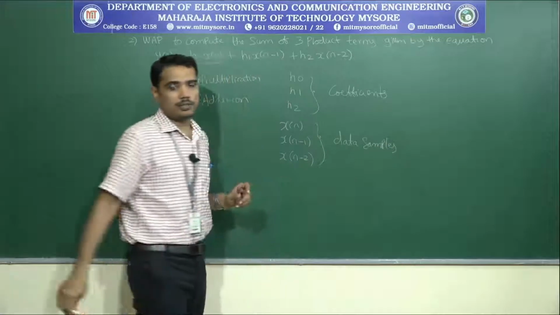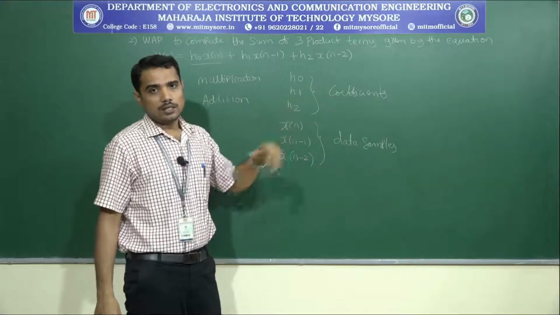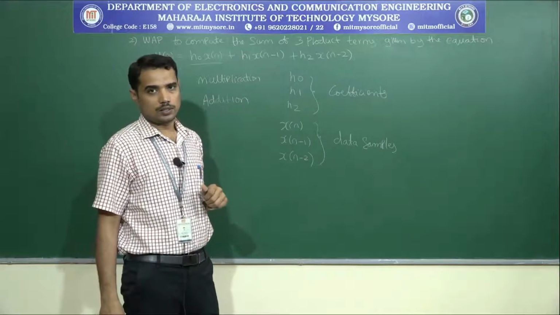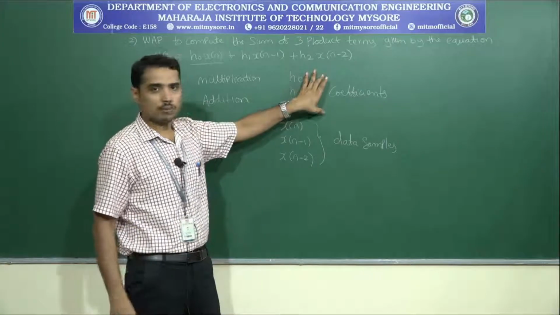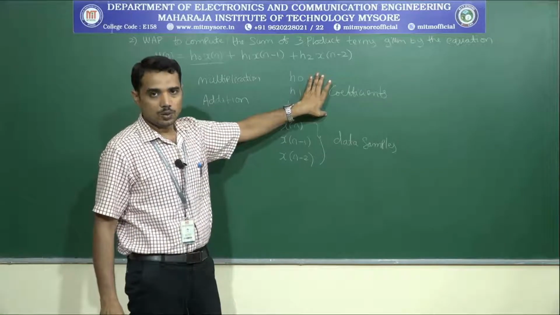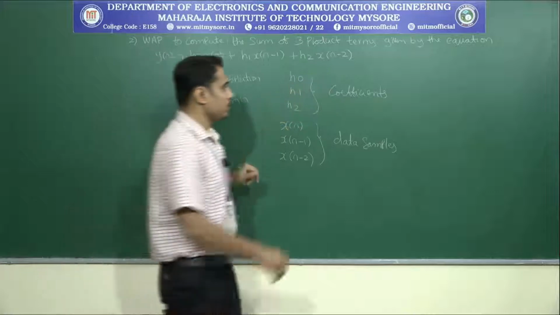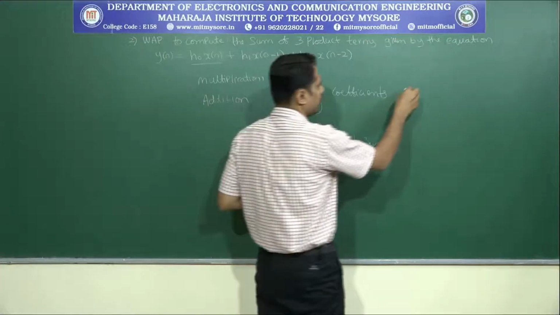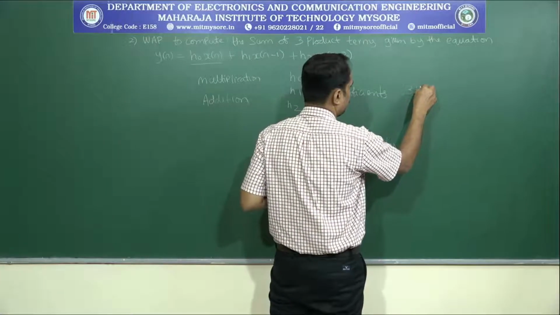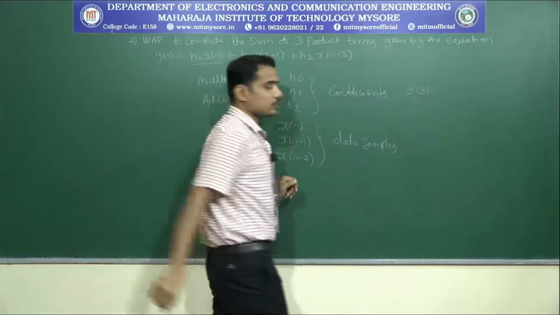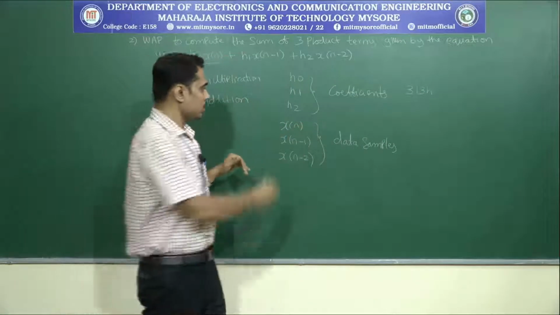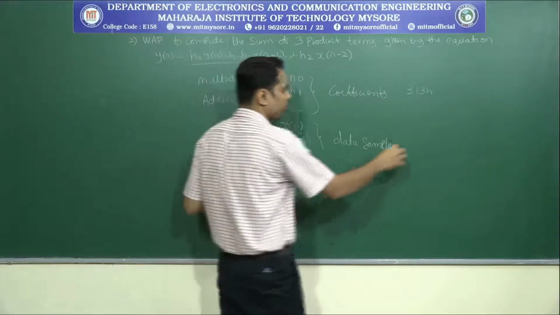And these three data samples are stored in another successive memory locations, apart from the memory locations associated with the coefficients. For example, if I store these three values starting from 313H, I can start to store x of n from 413H.